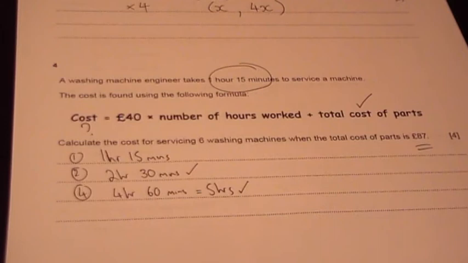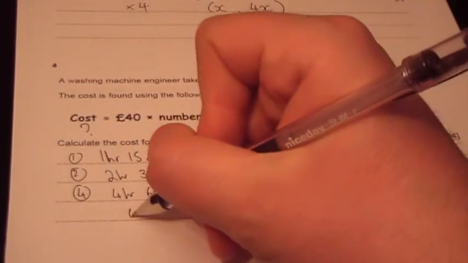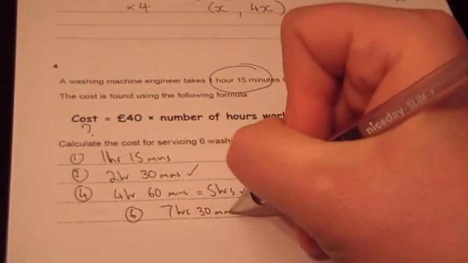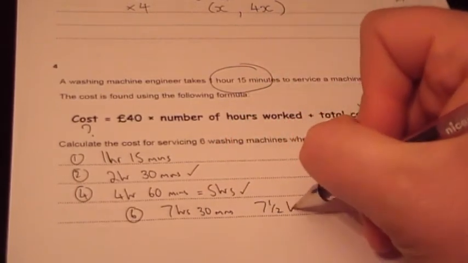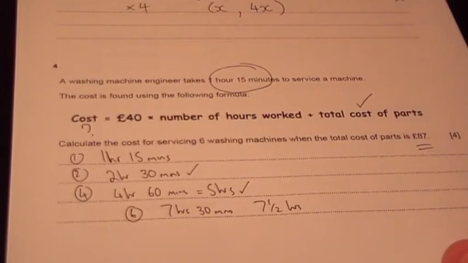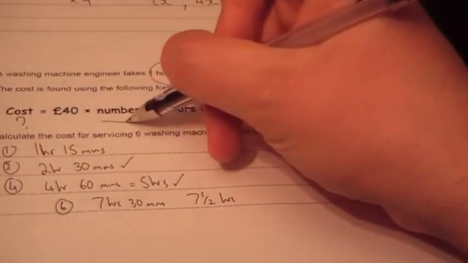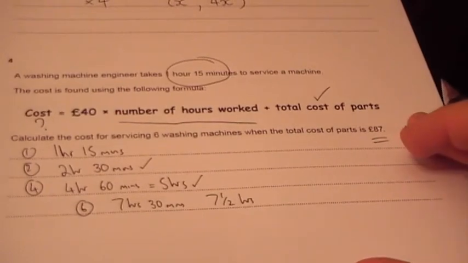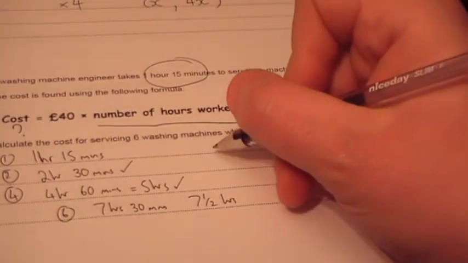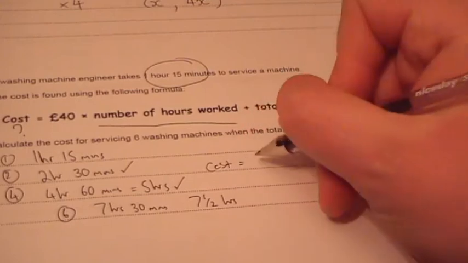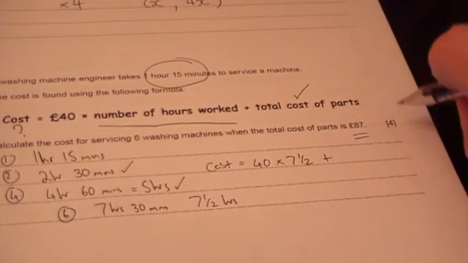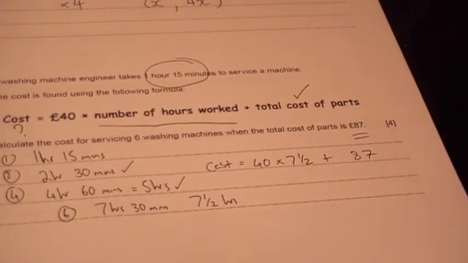So 2 hours 30 minutes plus 5 hours means that 6 machines is 7 hours 30 minutes, which is 7.5 hours. Now that is what needs to be substituted in here, the number of hours worked, 7.5. So I need to do cost equals 40 times 7.5 plus total cost of parts, 87.